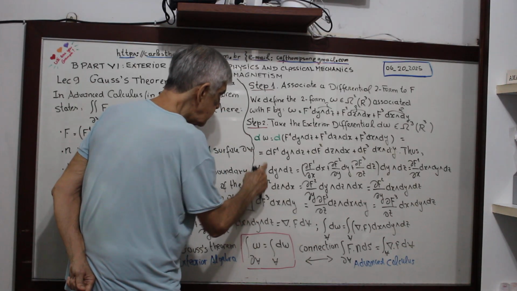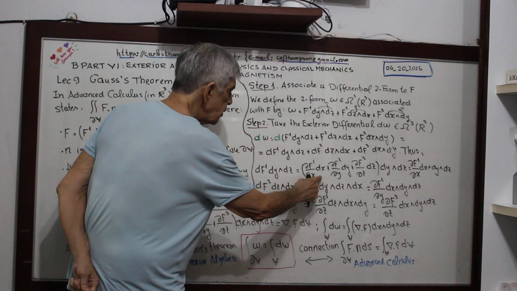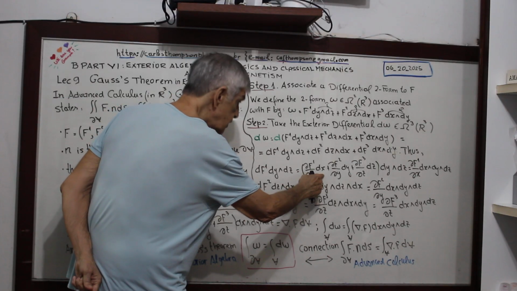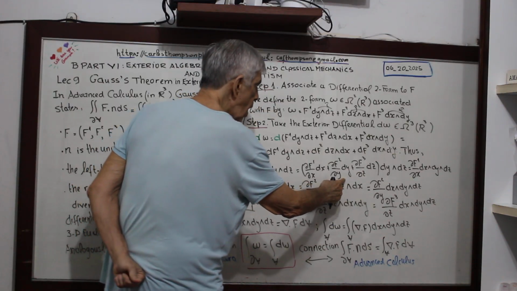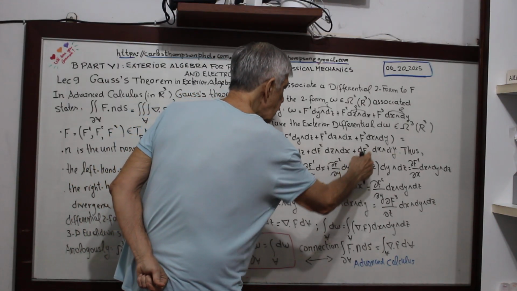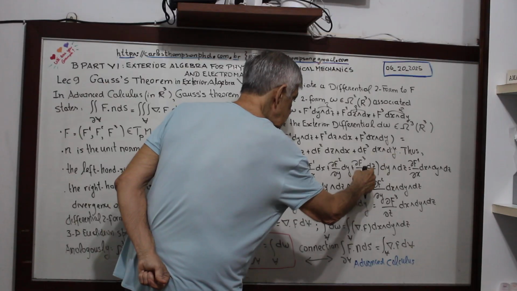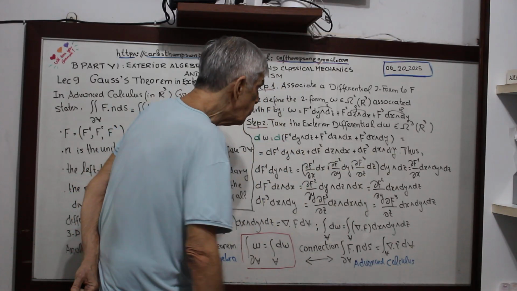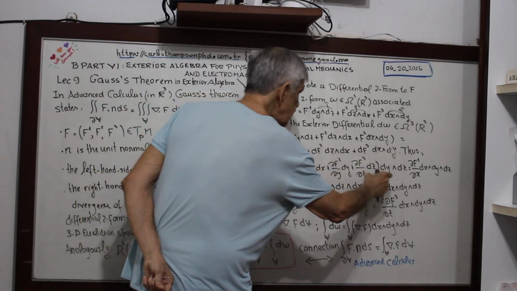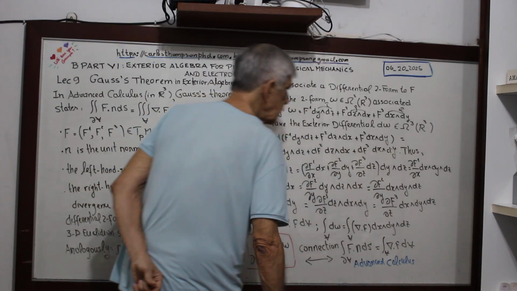I express dF1 as the partial of F1 with respect to x dx, plus partial F1 with respect to y dy, plus partial F1 with respect to z dz. The parentheses is a one form, and outside is a two form.